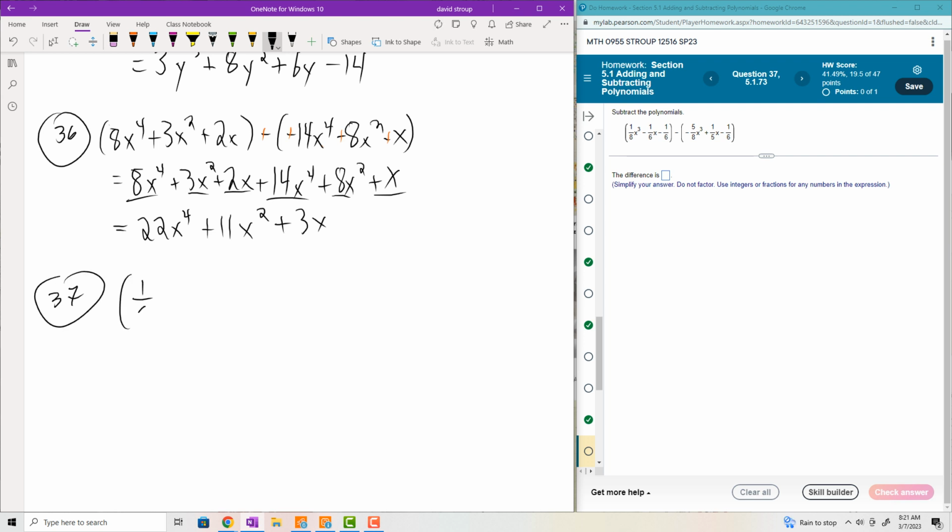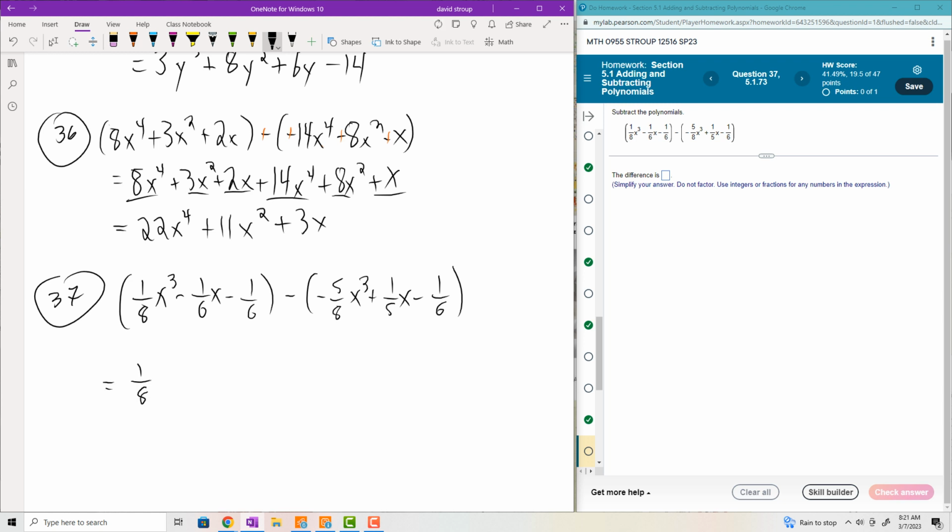So we have 1/8 x cubed minus 1/6x minus 1/6 minus negative 5/8 x cubed plus 1/5 x minus 1/6.